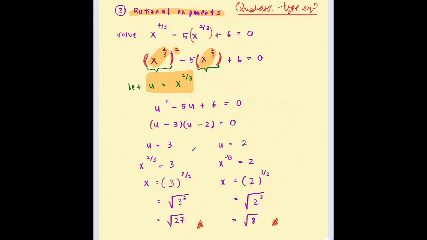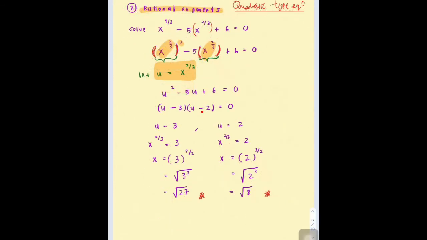Since you have used the variable u, and this is quadratic, just with factorization, you'll find the answer u is equal to 3, u is equal to 2. However, this is not our final answer because we don't want to solve for u, we want to solve for x, right? Okay, so what you should do is substitute back.